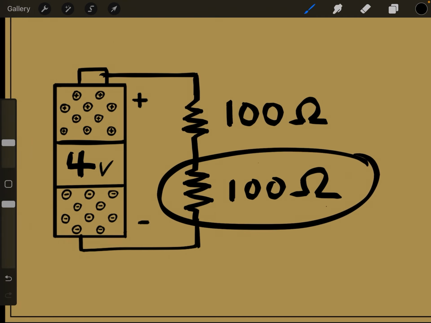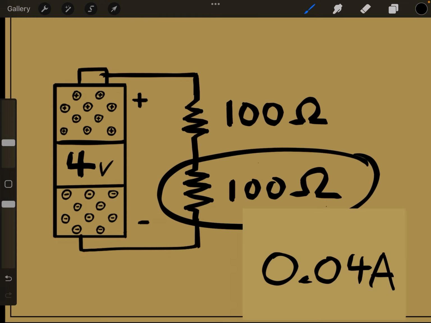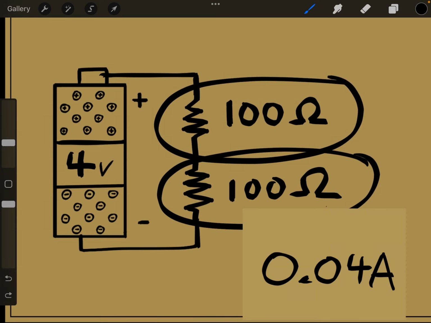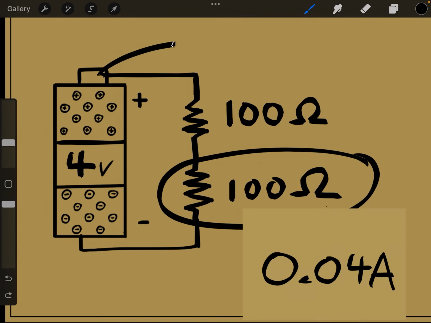Well, if you isolated one part of the circuit and tried to use the same formula as before, where I is equal to V over R, then you're going to have an answer of 0.04 milliamps. But that isn't quite correct, because even though this resistor has the same value, that does not mean that the current going from here to here is experiencing the same amount of resistance as though there was only one of them. It faces a certain amount of resistance here, and then it faces even more resistance here.